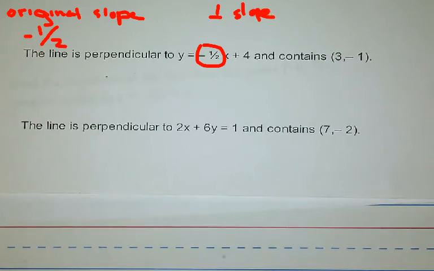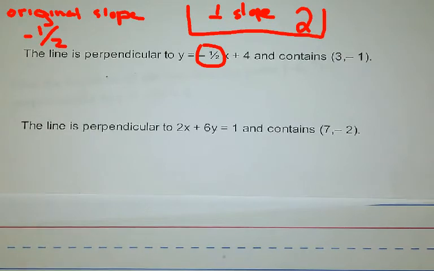Well, the opposite and reciprocal. The reciprocal of 1/2 is 2. Negative 1/2, the opposite would be positive 2. So the perpendicular line has a slope of 2. That's what we need to know.